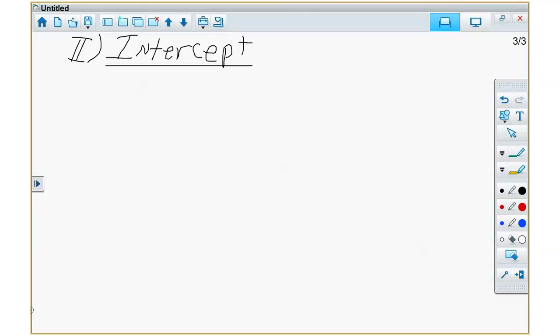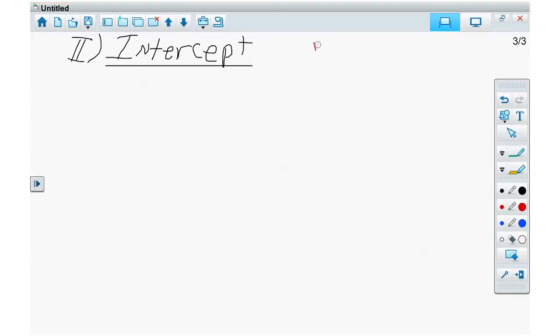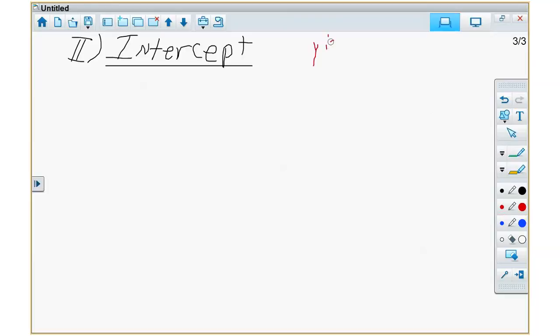Okay? When do you use this method? You use it whenever y is not by itself. It says it on the paper. Why would you want to use it? Because you don't want to take up time on the test or doing your homework on these problems by solving for y.